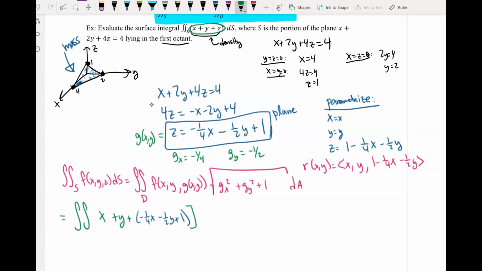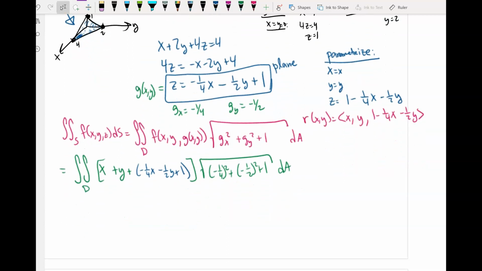All right, so I'm going to put this in brackets, and square root of g sub x, that's going to be negative 1/4 squared, g sub y, that's going to be negative 1/2 squared, plus 1, dA. I'm just going to not worry about the region just yet.